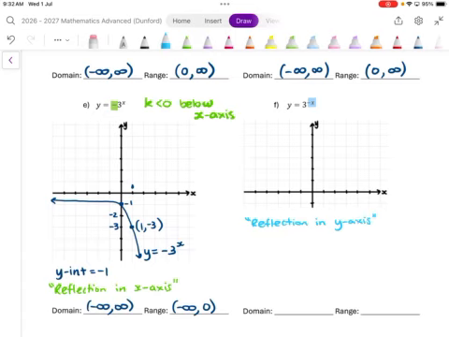So instead of our graph looking like this, it's going to be reflected in the y-axis and it's going to go that way. But let's sketch it properly. So when we substitute in x equals 0, we're still going to get a y-intercept of 1. But when we substitute in x equals 1, we're going to get a third. When we substitute in negative 1, that is when we will get our value at 3.